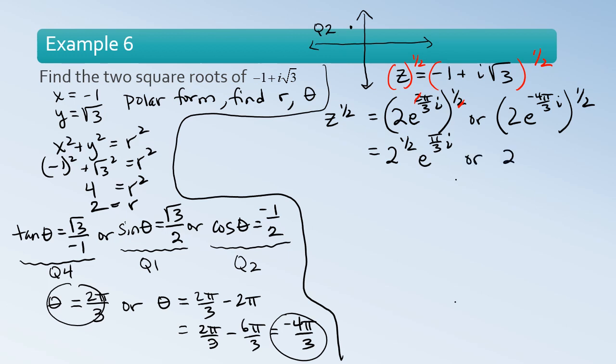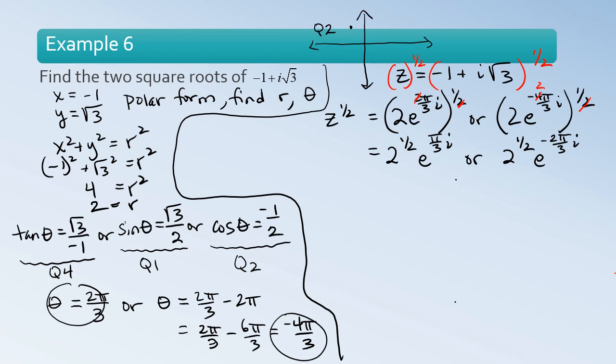Or I'm going to take 2 to the 1/2 and e to the, let's see, does anything cancel out? I've got a 4 and a 2. The 2 goes into 4 twice, so it looks like I end up with -2 pi over 3i as my other root. And again, that is my answer.